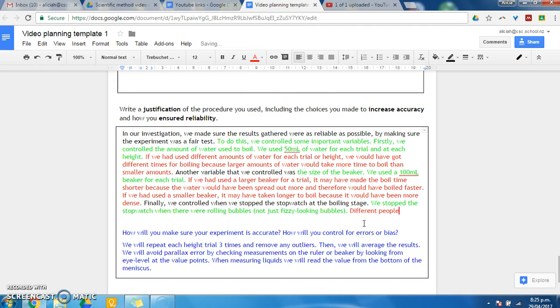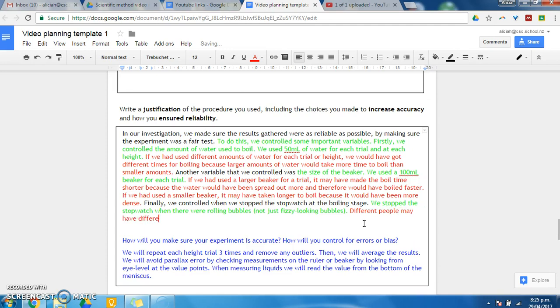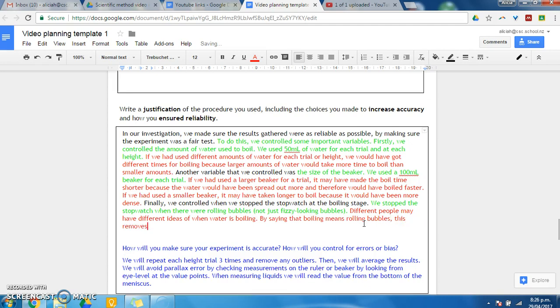Different people may have different ideas of when water is boiling, so by saying that boiling means rolling bubbles, this removes any human error associated with this.